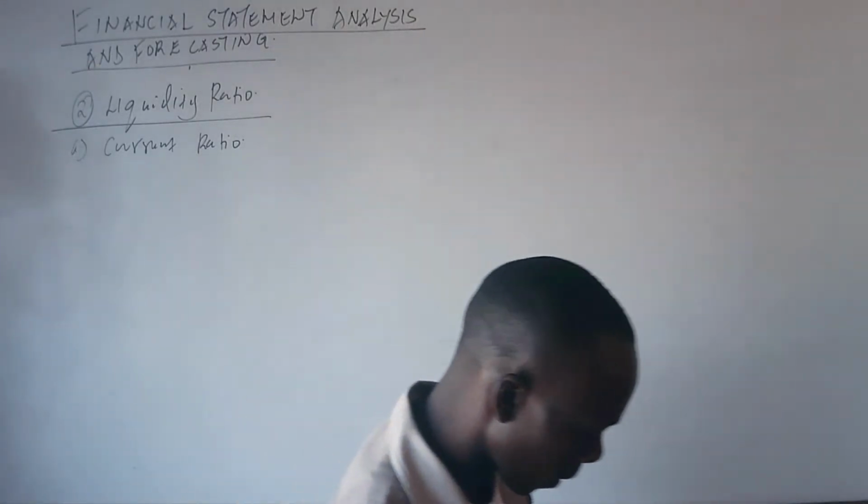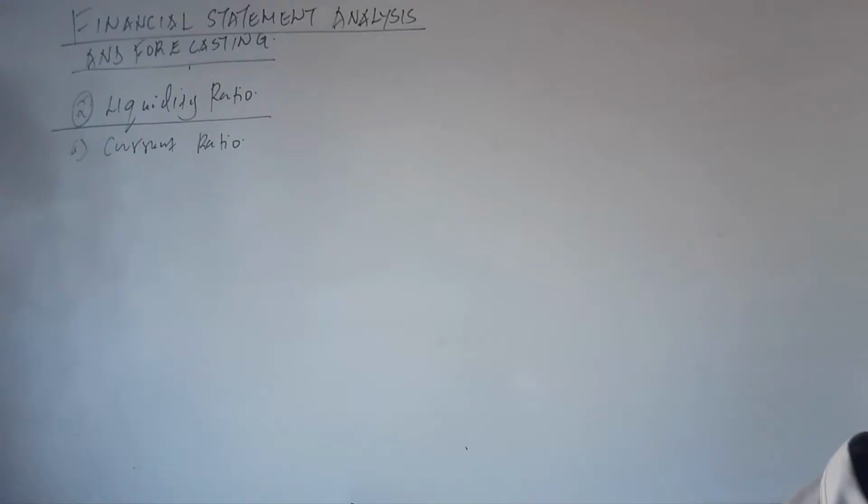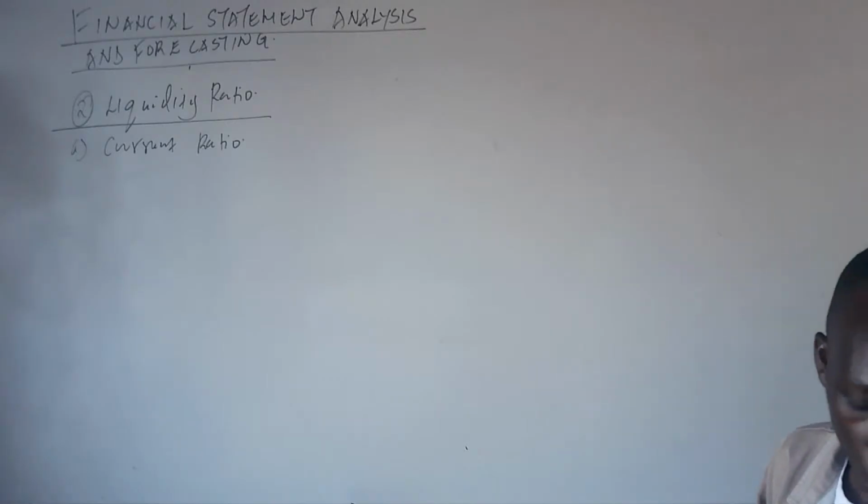When we talk about the current ratio, it indicates the number of times current liabilities can be paid out of the current assets. The recommended ratio is 2:1 or 2 times.